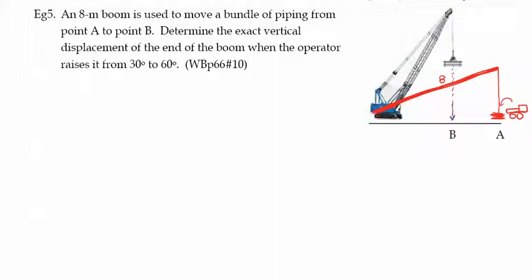So at the beginning, if this is 30 degree, now when you raise it to 60 degree, when this whole thing is now 60 degree, what is the distance between this part and that part? What would be the vertical displacement here?